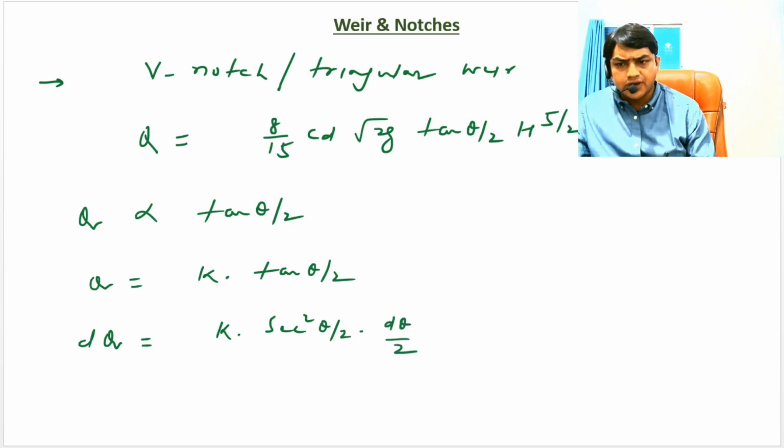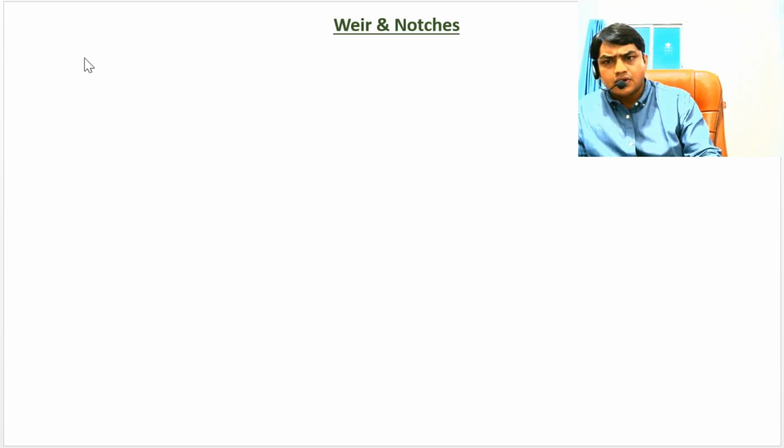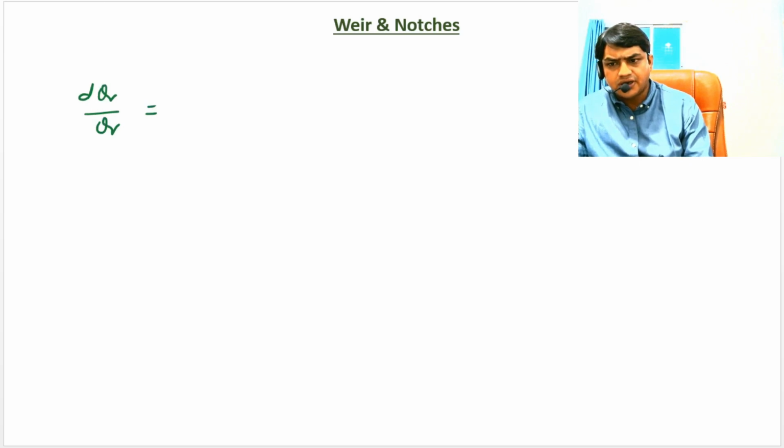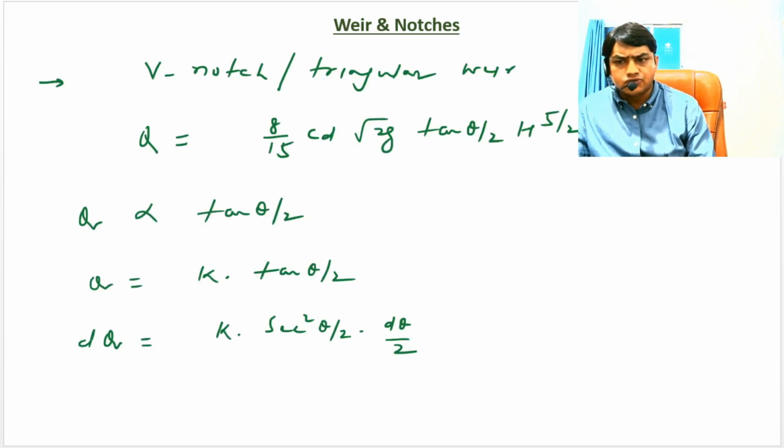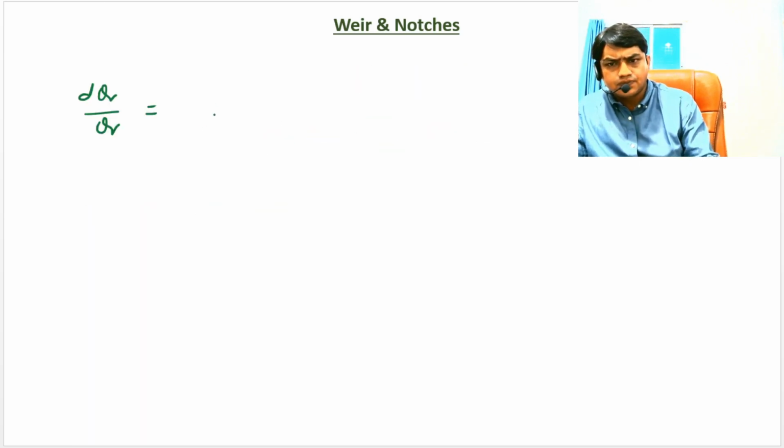So dq by q can be written as K sec square theta by 2 into d theta by 2, divided by K tan theta by 2.